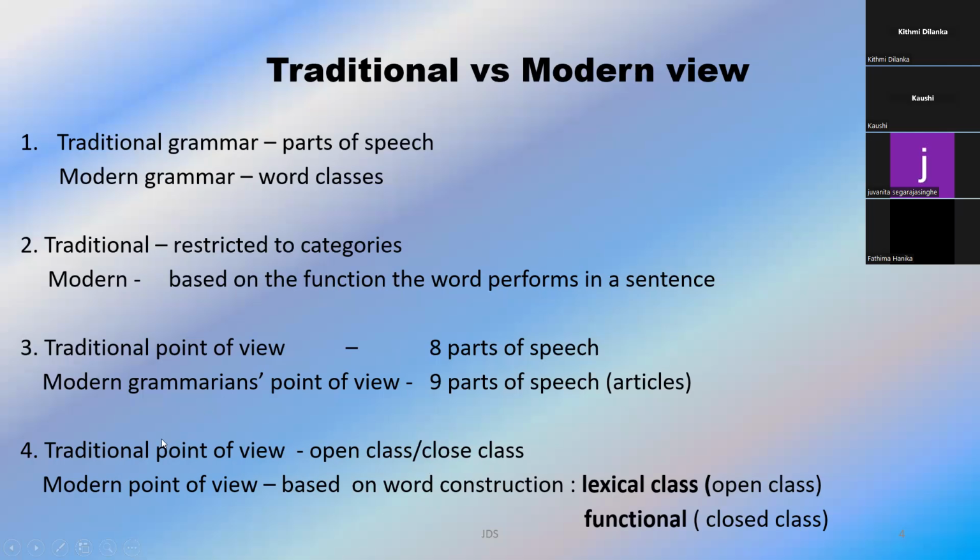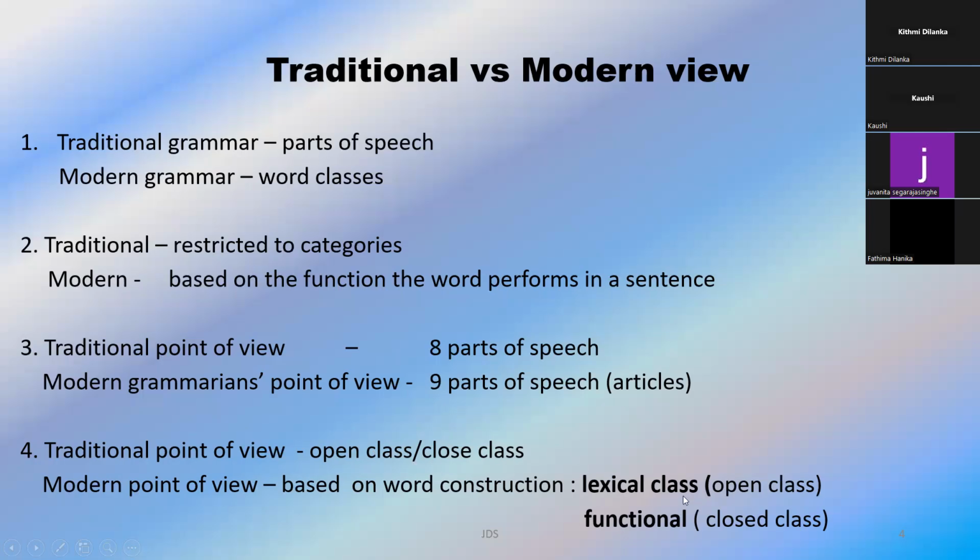So the traditional grammarians classified these 8 parts under open and closed class. Whereas from the modern point of view, they classified the words, all these 9 parts of speech, under lexical and functional class.